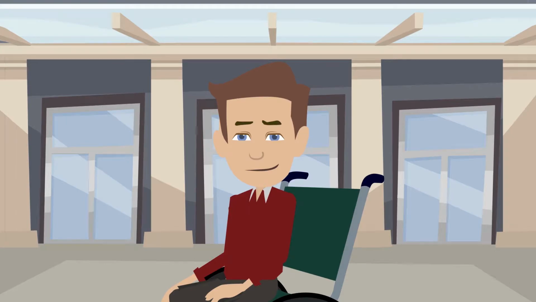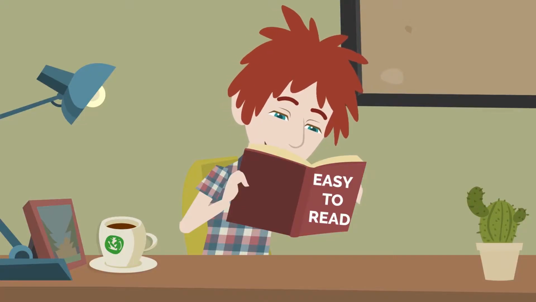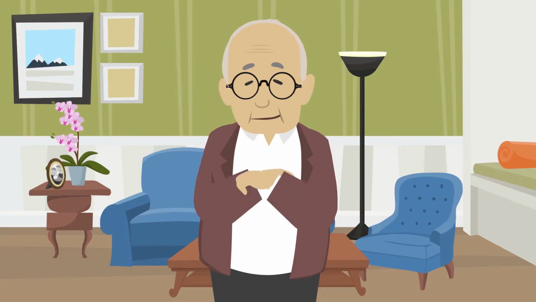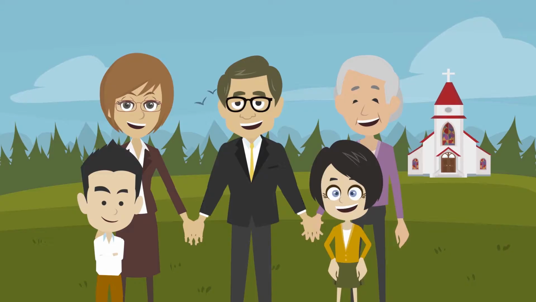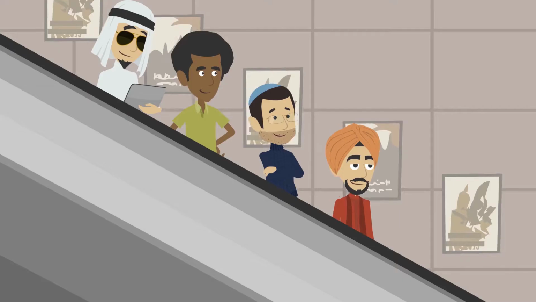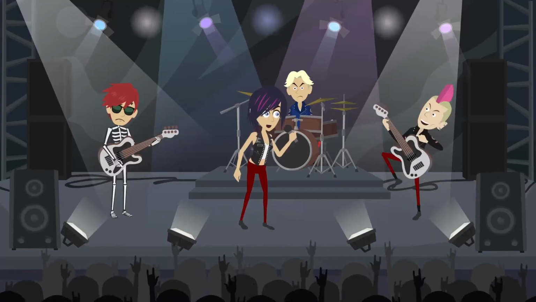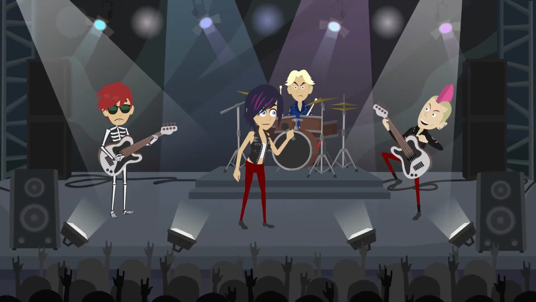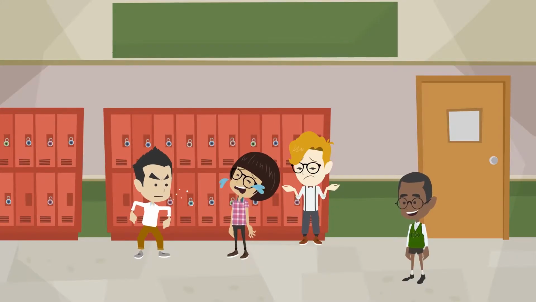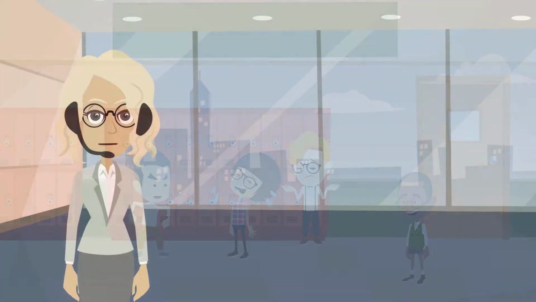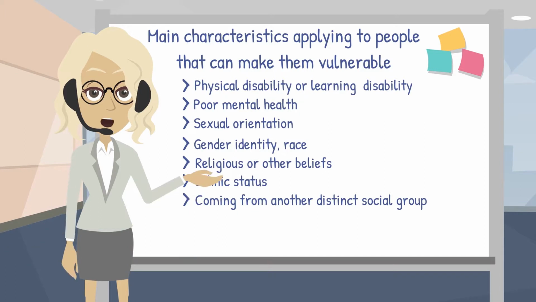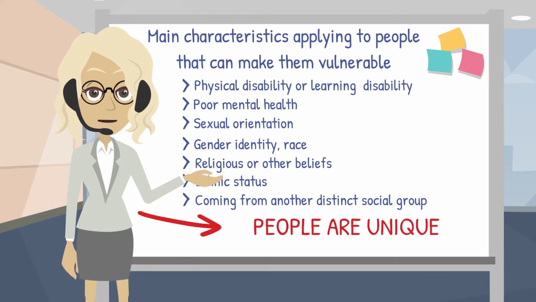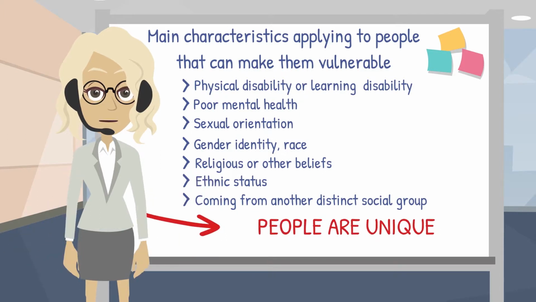Physical disability, learning disability, poor mental health, sexual orientation, gender identity, race, religious or other beliefs, ethnic status, coming from another distinct social group, or for other reasons, having a disempowered status in society. The bias we bring to situations can be conscious or unconscious, so be mindful of this and take care to treat people as unique individuals.